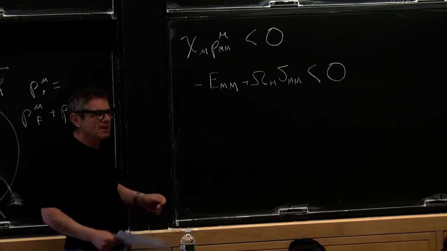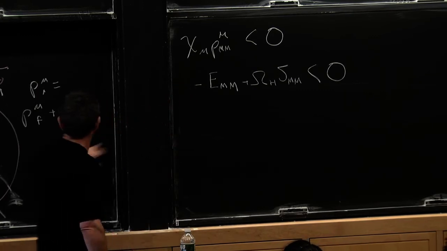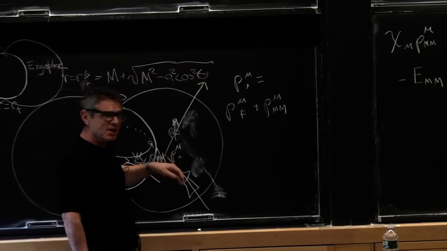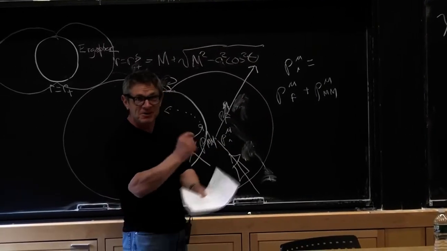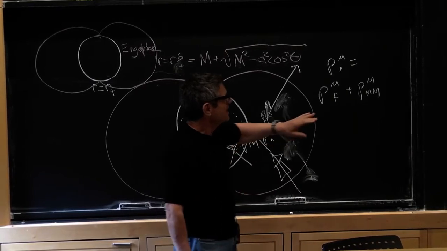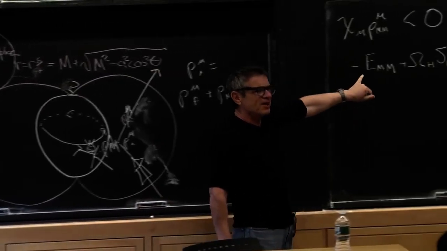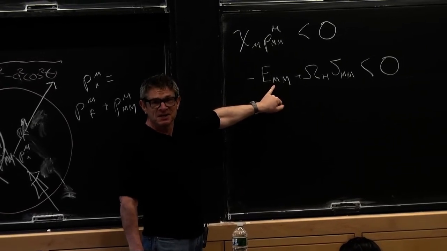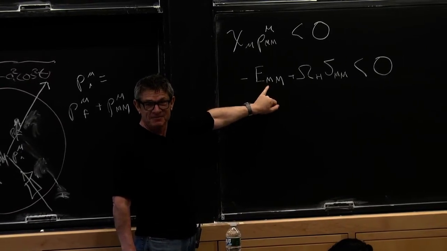If you are in this spaceship trying to throw stuff into the black hole, it's rotating around, maybe a little hard to do, but you know that you will fail if you don't arrange for this inequality to be obeyed.